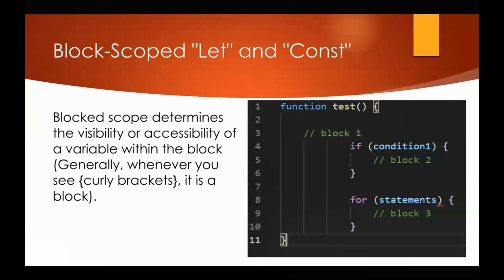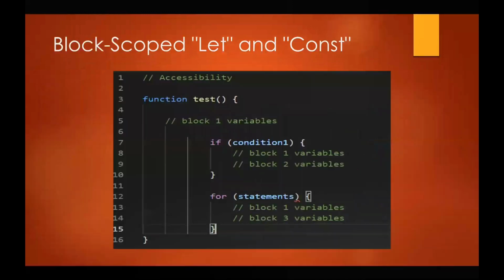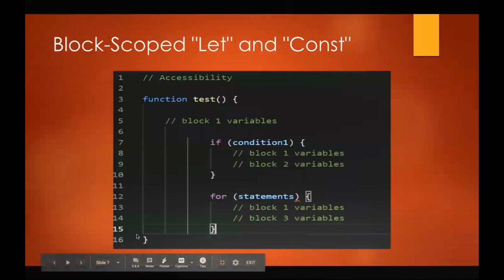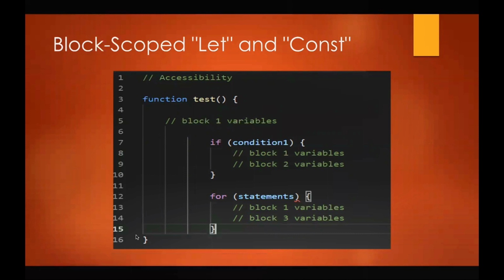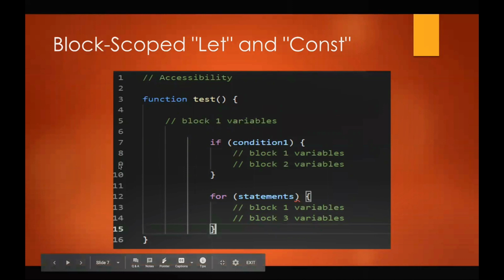So in the upcoming slides we'll see the examples. For example, we will see block scope let and const accessibility. Inside function test we have a block 1 variable. The block 1 variable has the scope from line number 3 to line number 16. Inside line number 3 to line number 16, we can access the block 1 variable anywhere. But from line number 7 to line number 10, inside this block, a block 2 variable is defined.